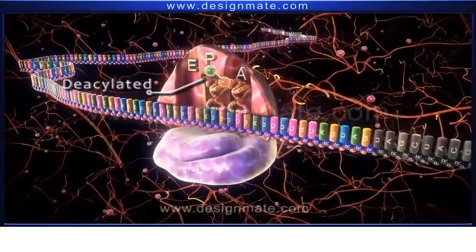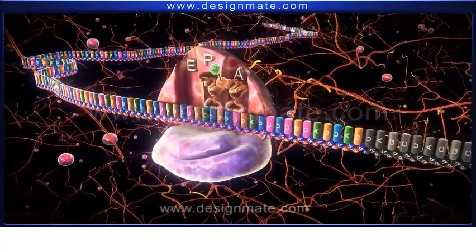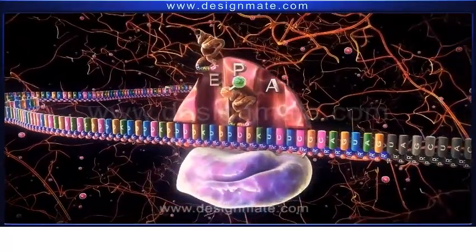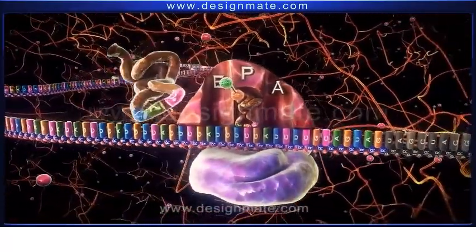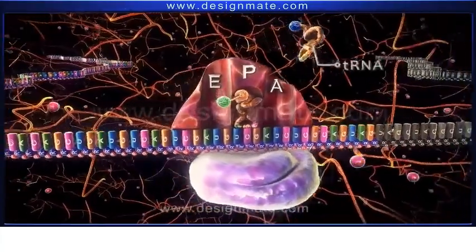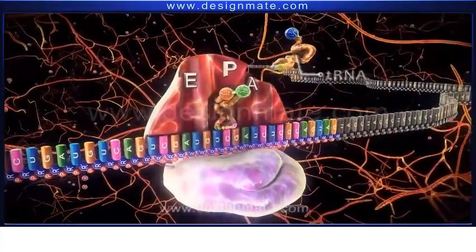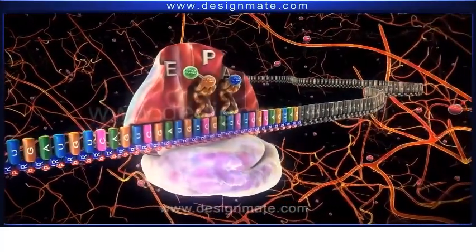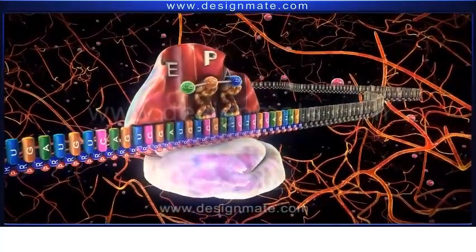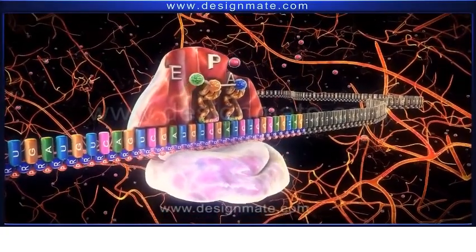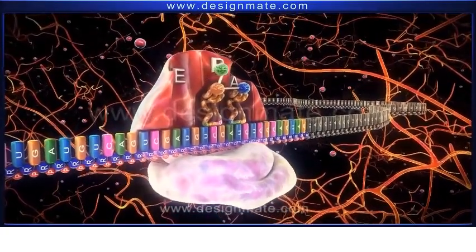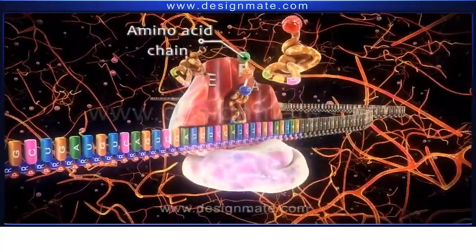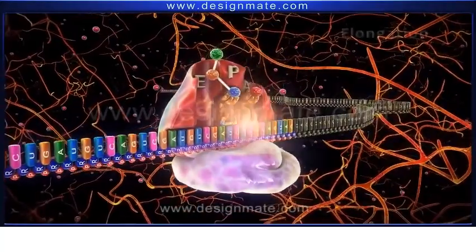The ribosome then advances a distance of 1 codon, and the deacylated tRNA shifts to the E site, from where it dissociates. Meanwhile, another tRNA carrying an amino acid attaches to the A site. This is followed by the binding of the amino acids. Repetition of this process leads to the formation of an amino acid chain. This event is called elongation.